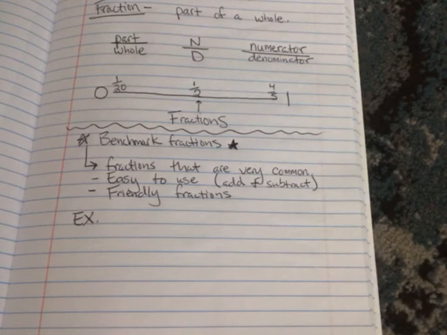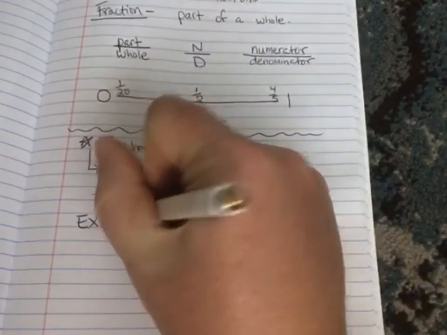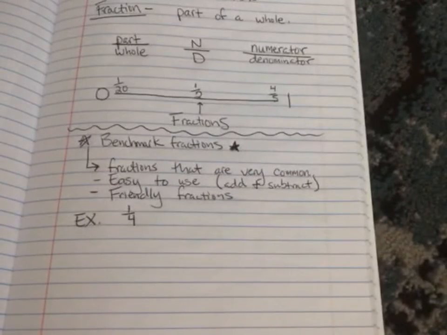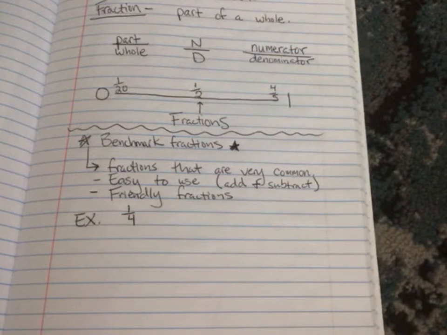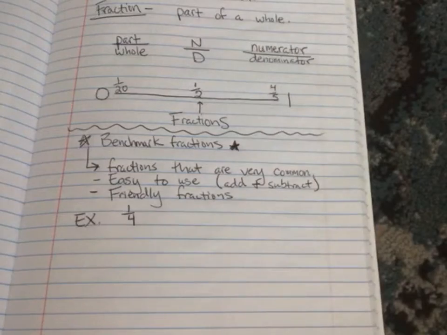We're going to start with probably some of the most common ones that you see out there, your fourths. I'm going to start with just 1/4. The reason 1/4 is a benchmark fraction is that 1/4 is the same thing as a quarter. You might think, gosh, he's repeating himself, but this is how it is out in the real world.